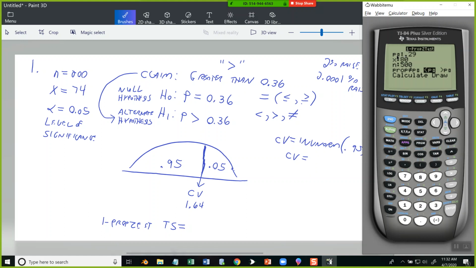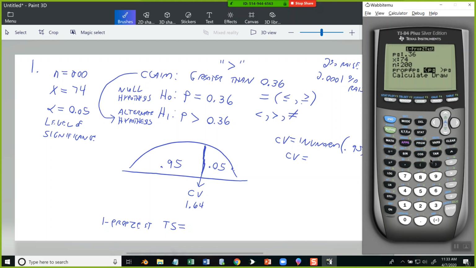Now this top part here, P naught, is asking us for the value off of our claim, off of H naught or H1. It doesn't matter which one you pick, because they should be the same. I'll put in 0.36. It asks us for X, which is 74. It asks us for N, which is 200.